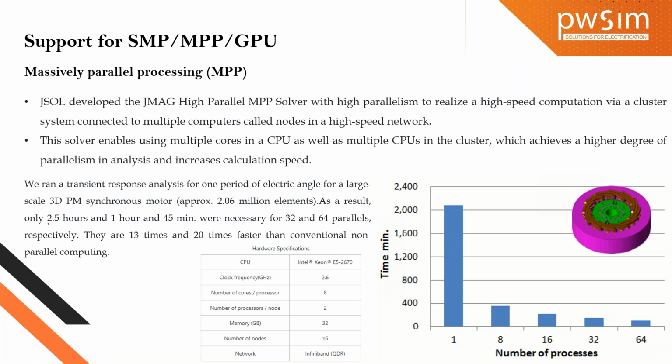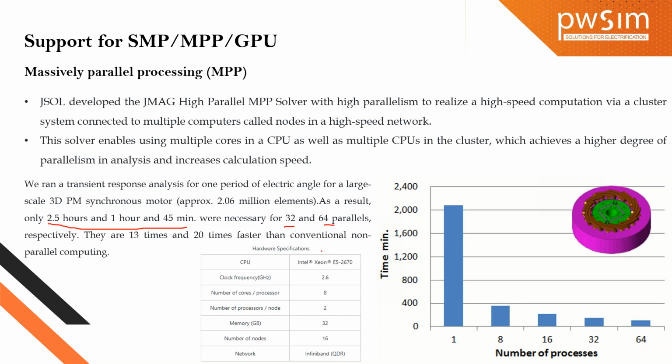As a result, only 2.5 hours and 1 hour 45 minutes were necessary for 32 and 64 parallels respectively. So for 32 parallel it took 2.5 hours, and for 64 parallel it took 1 hour 45 minutes, almost 45 minutes less compared to 32 cores.